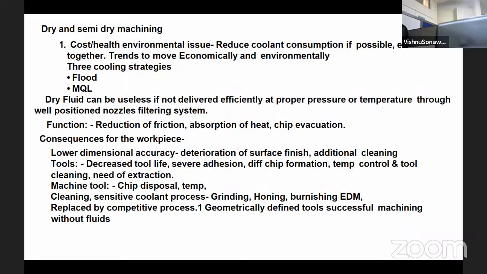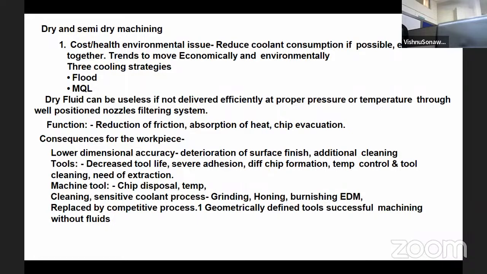The fluid can be useless if it is not delivered efficiently at proper pressure. We have to maintain the proper pressure and proper temperature, and deliver the oil at a specific position, at the interface of the cutting tool and the workpiece, by positioned nozzles and a filtering system.